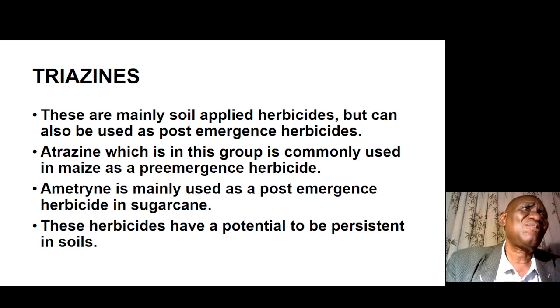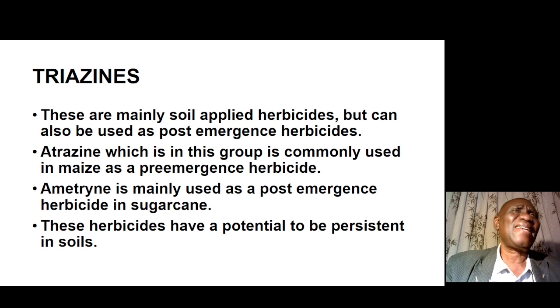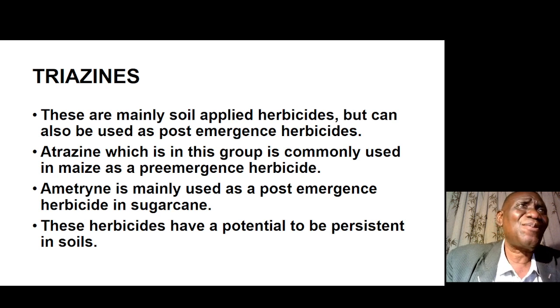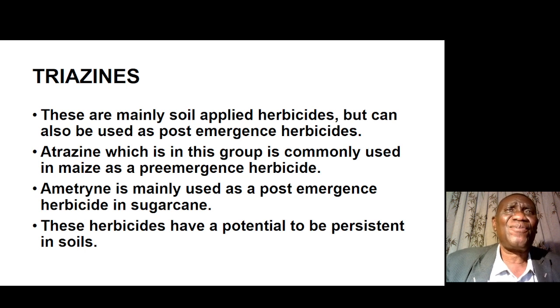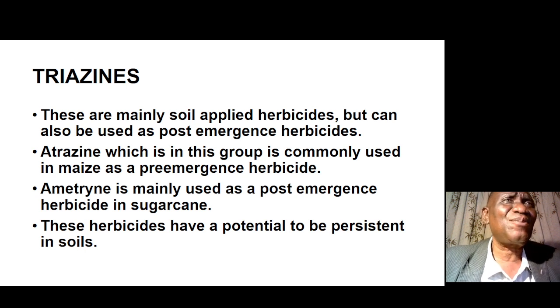Here we will talk on the triazines, although we have done it before. We will only use triazines as an example of herbicides in order to talk about the mode of action of herbicides. These are mainly soil-applied herbicides, but can also be used as post-emergence herbicides.